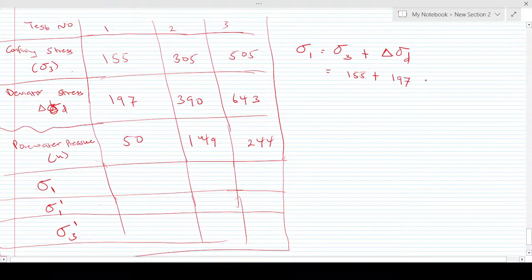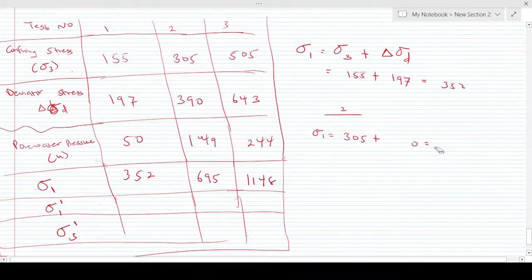This gives us 352. So over here we have 352. Then again for test 2, sigma 1 is sigma 3, which is 305, plus the deviator stress, which is 390, and this gives 695. So over here we have 695. Then you do the same for this aspect, you have 1148.